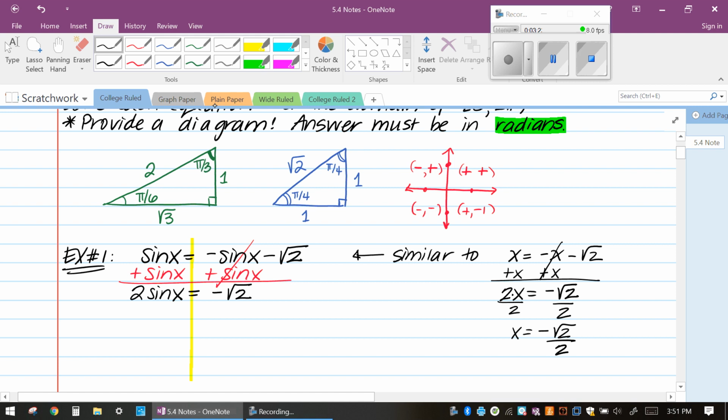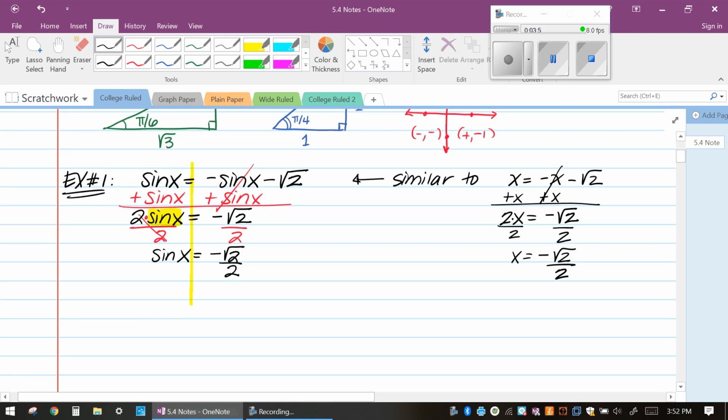And then your job is to get the sine x alone. Isolate it. It's being multiplied with a 2, so you're going to divide by 2. And now it looks like the problems that we did in 5.4, day 2. Always reduce your answer if possible. Negative root 2 over 2 doesn't reduce.